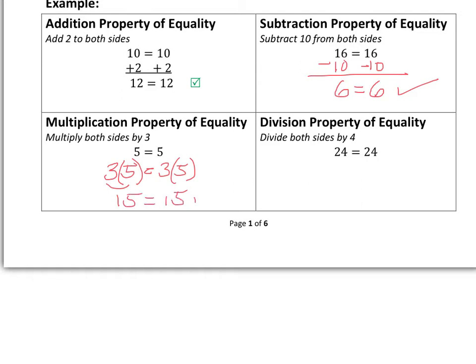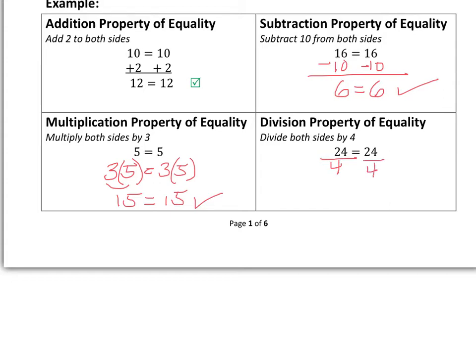I still have equality. Okay, let's look at the division property of equality over here. And that means that we can divide both sides of an equal sign by the same exact thing and still maintain equality. So here, let's divide both sides by 4.